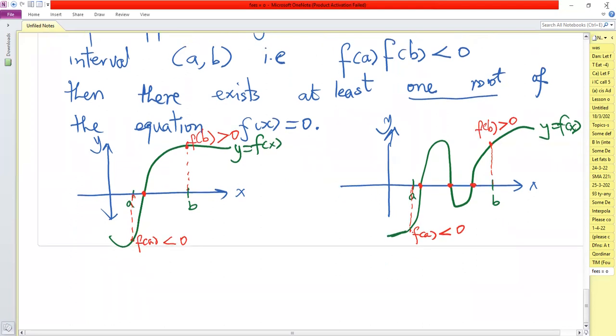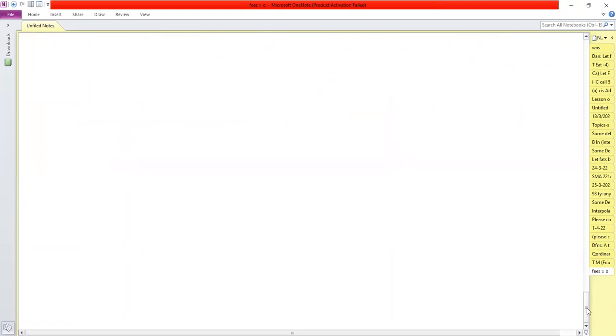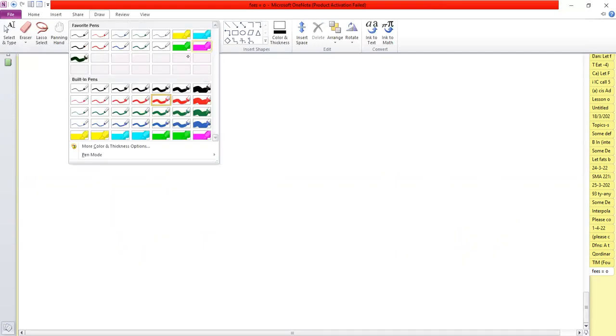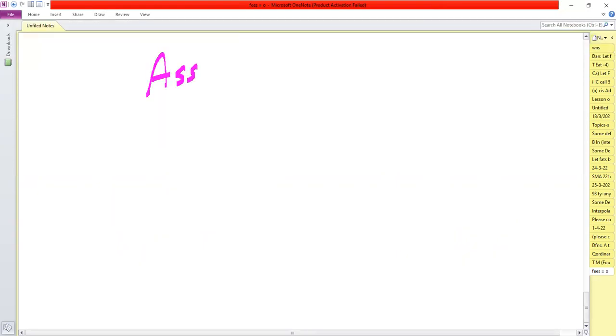Now, we are going to make some assumptions for us to be able to carry out the approximation of the solution of the equation f of x equals 0. And these assumptions are the ones that are going to help us to study various methods of getting the solutions of the equation.